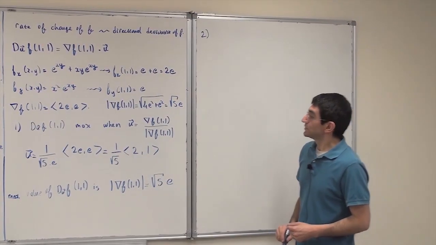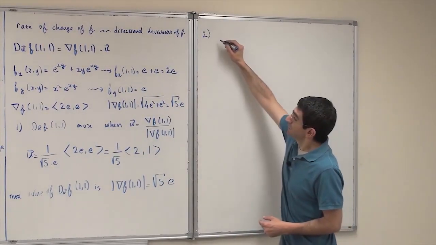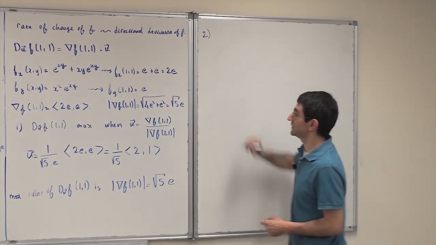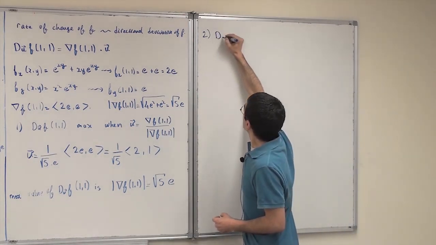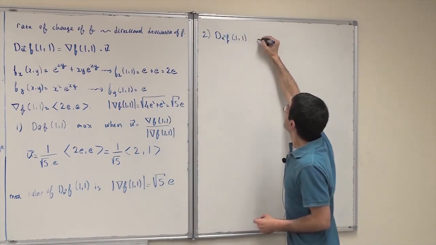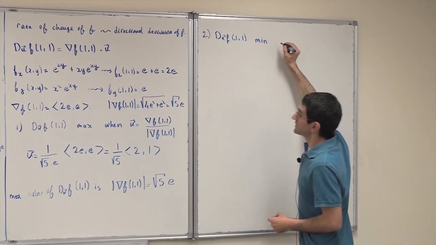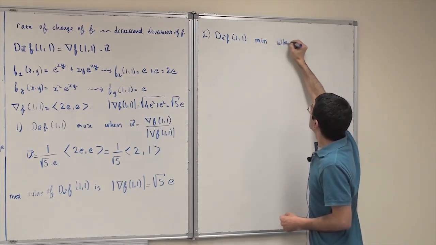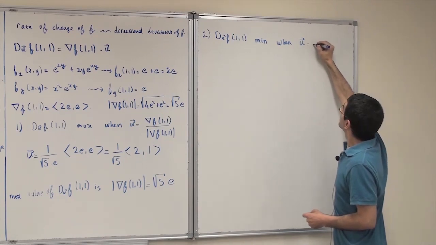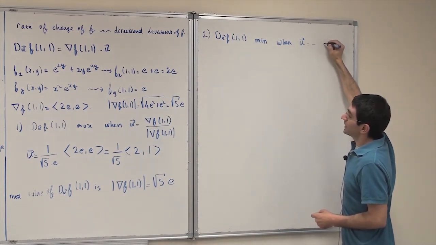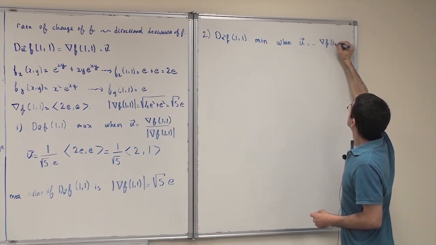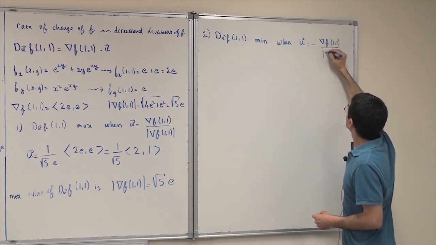Okay, so next we look at the minimum value of the directional derivative at (1, 1). It gets its minimum value when the direction vector is in the opposite direction to the gradient vector.